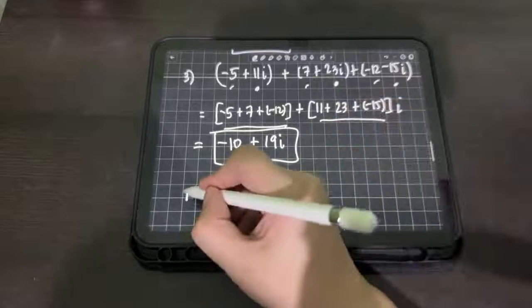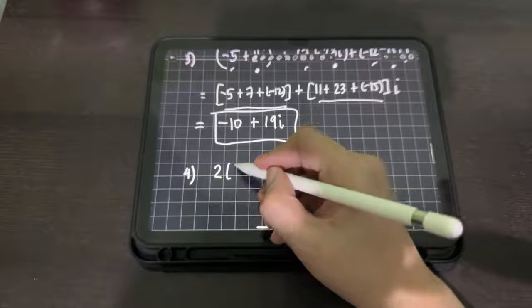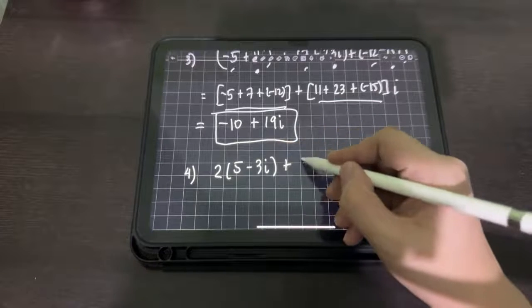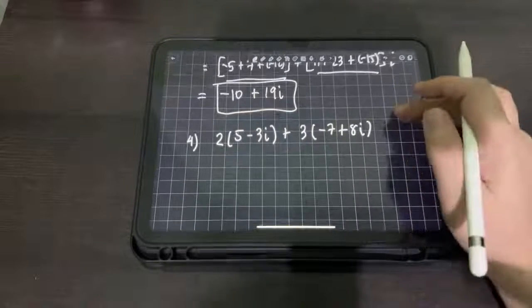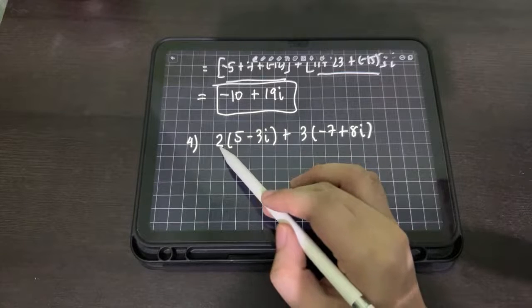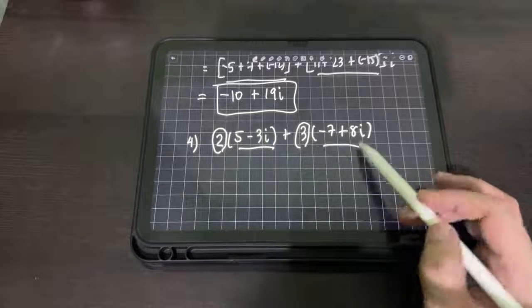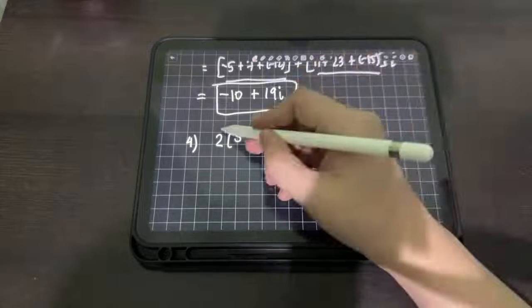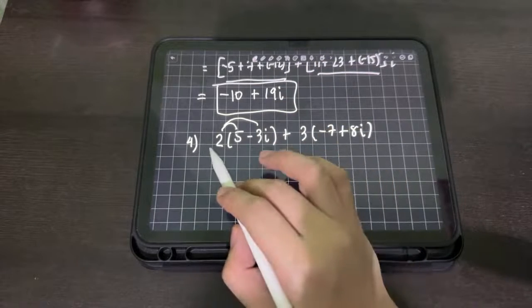Next, number 4. 2 times 5 minus 3i plus 3 times negative 7 plus 8i. So this time, we have to multiply first the constant in front of the complex numbers. So we can distribute them, multiply each term, the real and imaginary part of the complex number by 2.